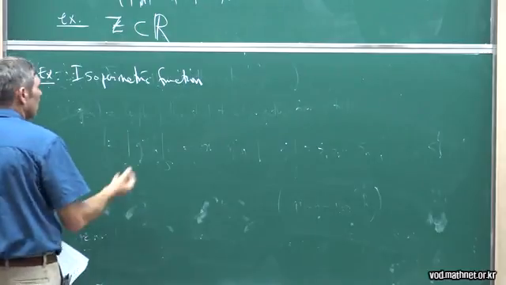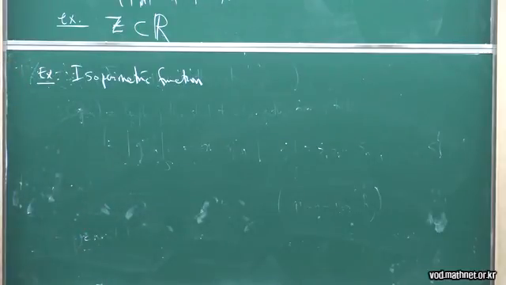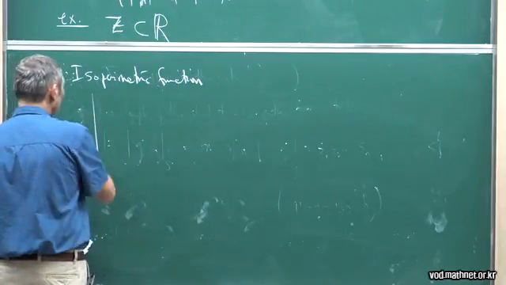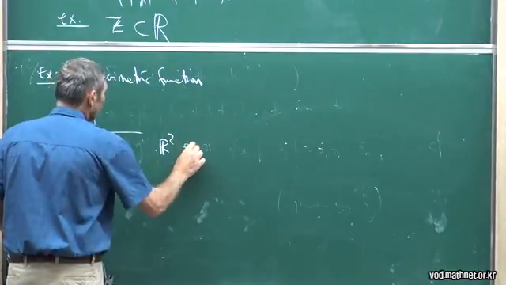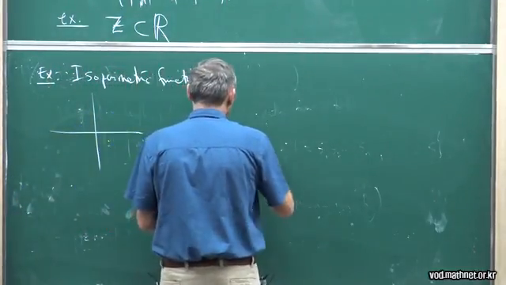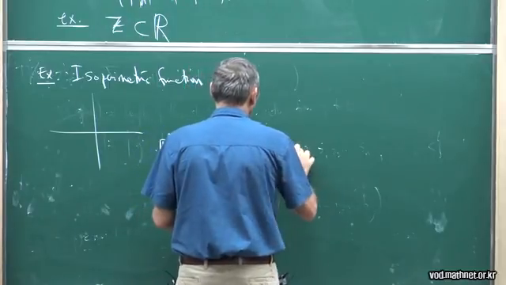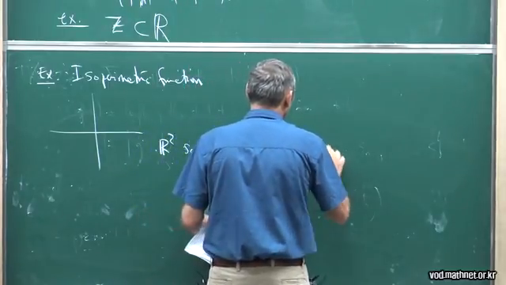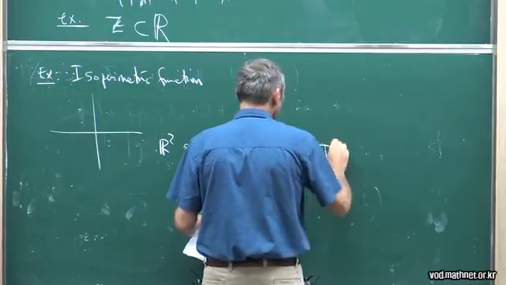So if you have a space like a Euclidean space, let's say the Euclidean plane, R2, this satisfies the quadratic isoperimetric inequality.